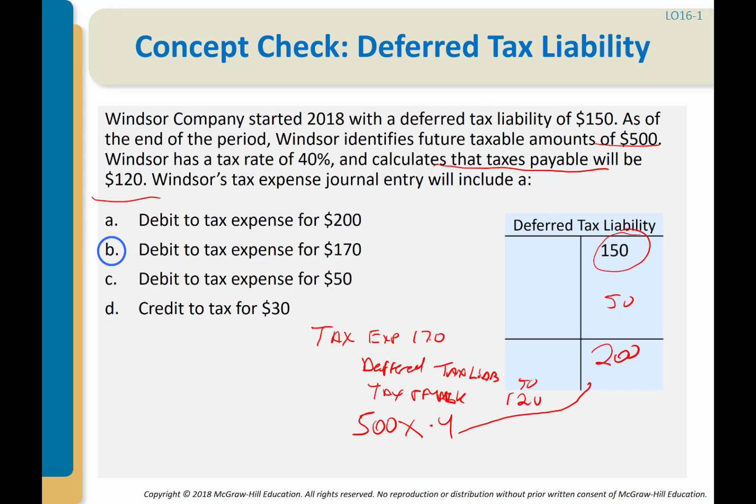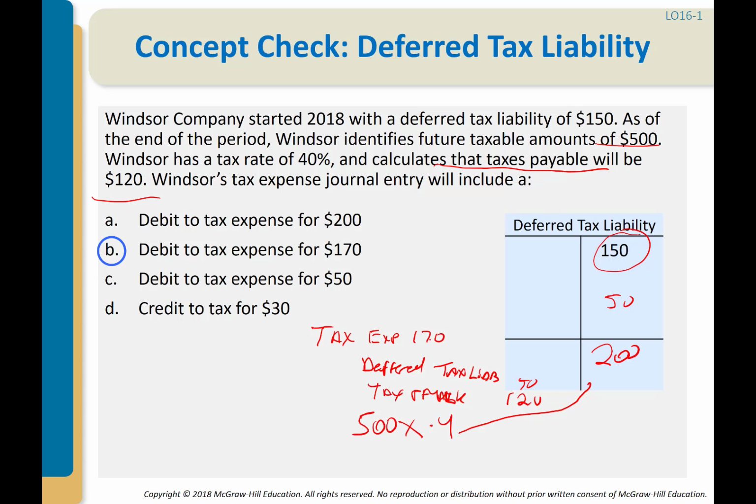Now, granted, theoretically, I suppose I could have sat there and had the book income and multiplied that times the tax rate and got the same answer, but on some of the questions that I'm going to be giving you, they're not going to give you the tax expense. And the reason that we look at it this way is this is essentially what the company would do.